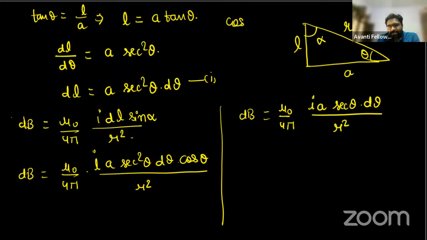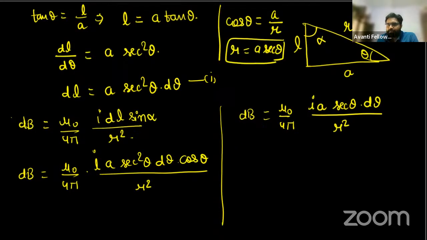So cos theta would be base upon hypotenuse. So you can write r is equals to a sec theta. Okay, got it?